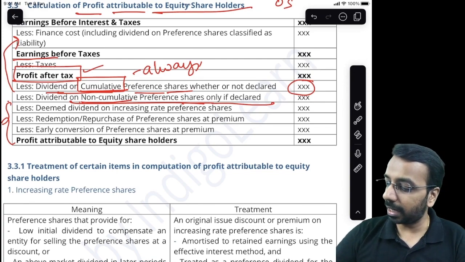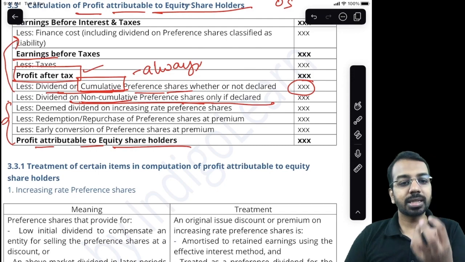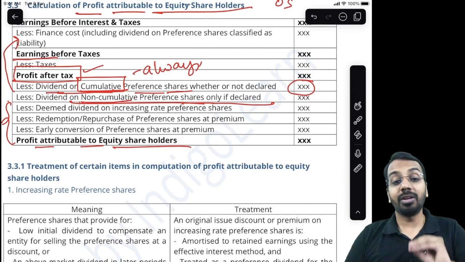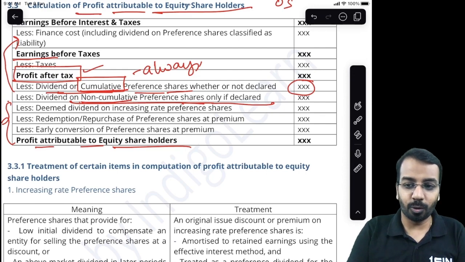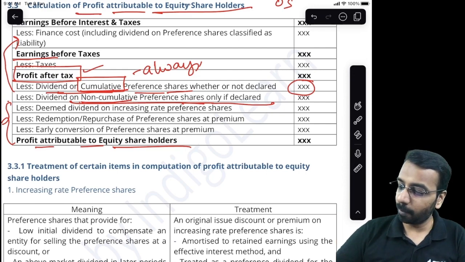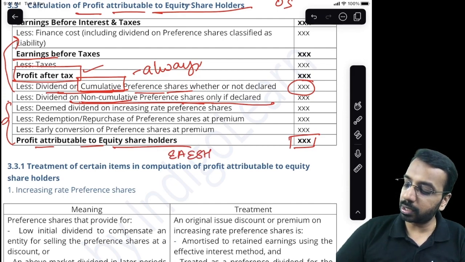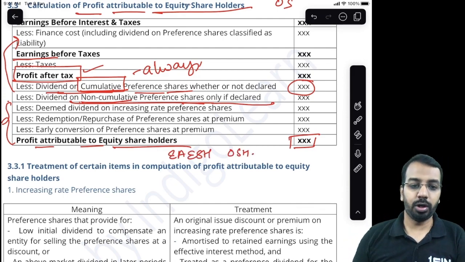So that is how we calculate the profit attributable to equity shareholders. Basically, what is the amount of profit that is attributable to preference shareholders. That is what is calculated here as a part of your earnings available to equity shareholders or ordinary shareholders, right?